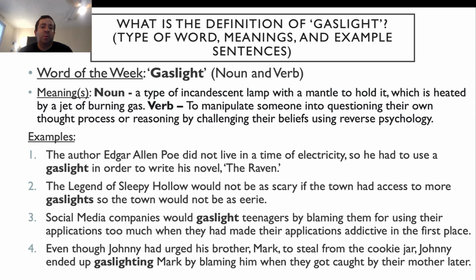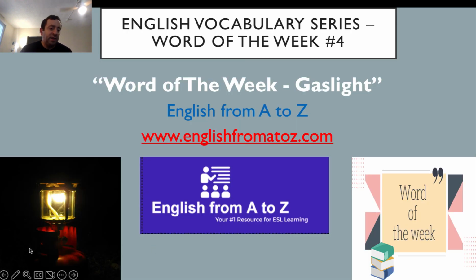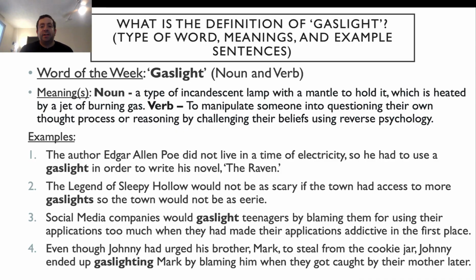So the meanings that we have for noun. Let's look at noun first, and we saw it in the picture here. It's an actual object. This is a gaslight. So a gaslight is a type of incandescent lamp with a mantle to hold it, which is heated by a jet of burning gas. And this was used for centuries up until around the discovery of lighting through electricity, for the light bulb.